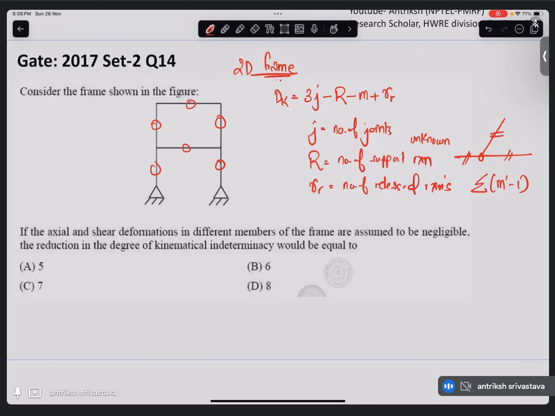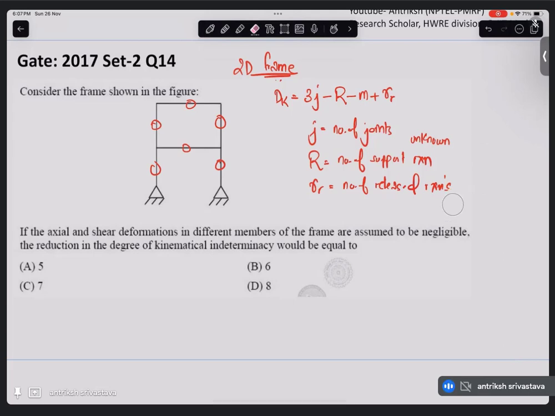So if 3 members are joining at a hinge in this particular structure, then we will have 2 release reactions. And you will be familiar with the other type of release reactions such as the horizontal release reaction, right? Where the axial force is released. Then we have the vertical release reaction where one vertical reaction is released. So some of these you can go back and revise.